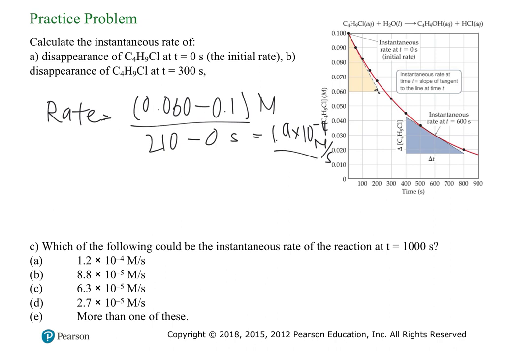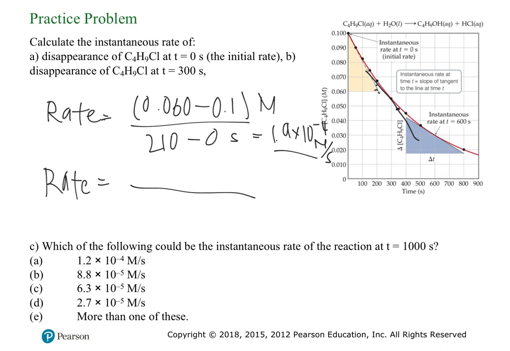If we do it for something at 300, then we're going to want to draw a tangent line. I'll just try my best on here with a tablet. It's tricky, but what I recommend is to use a book and a pencil, paper and a pencil, to help you. So let's use that point and that point. So for 300, the way I did it on a piece of paper is I took the points at 600 seconds and 300 seconds, since I know that exact point.